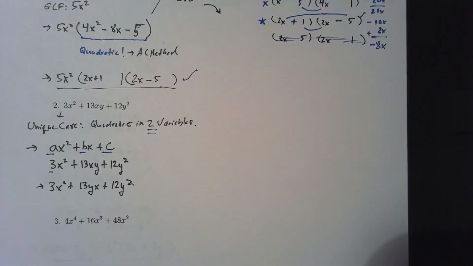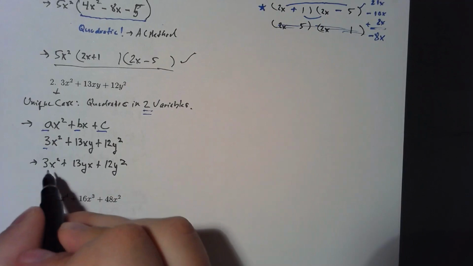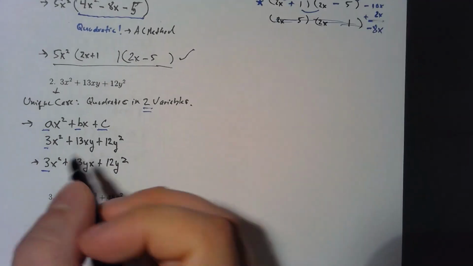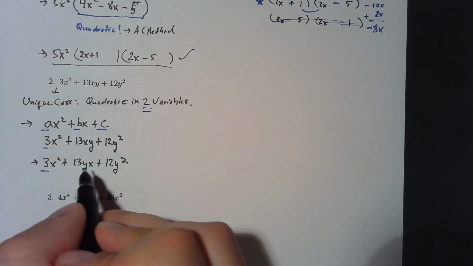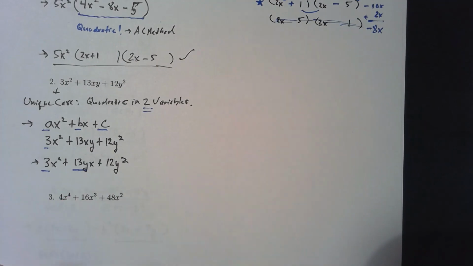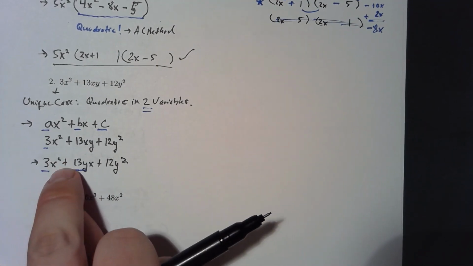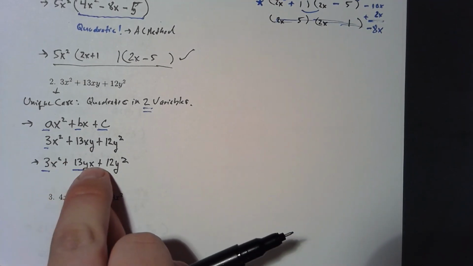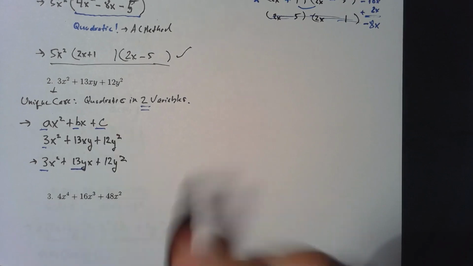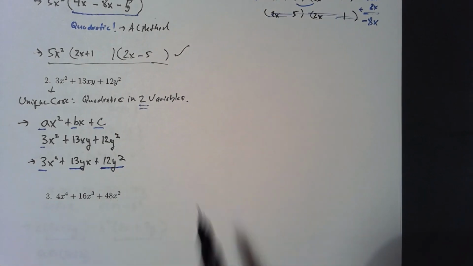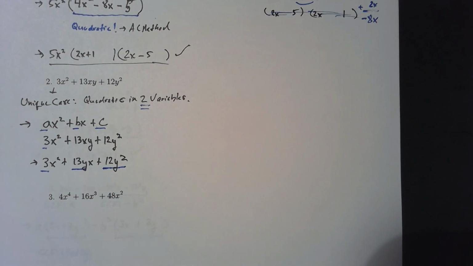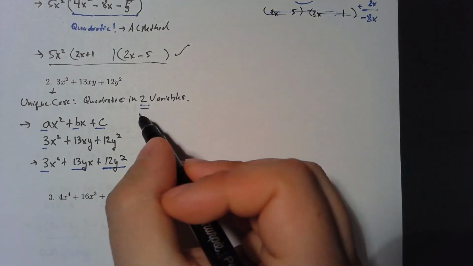So the a coefficient here is 3. Now the b here is going to be 13y because this is ax squared plus bx plus c, and the c here is going to be the whole thing, 12y squared. So that looks a little confusing initially, and that's okay. But this is a quadratic in 2 variables.